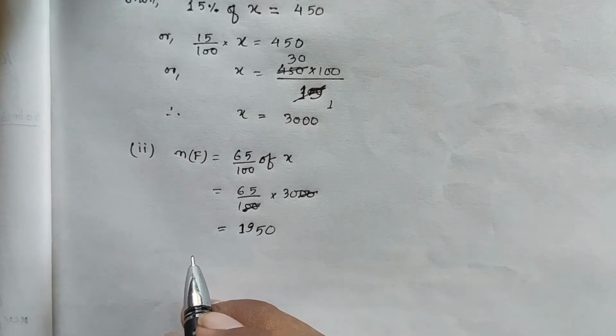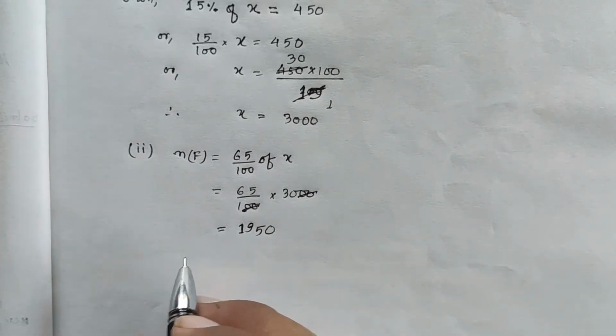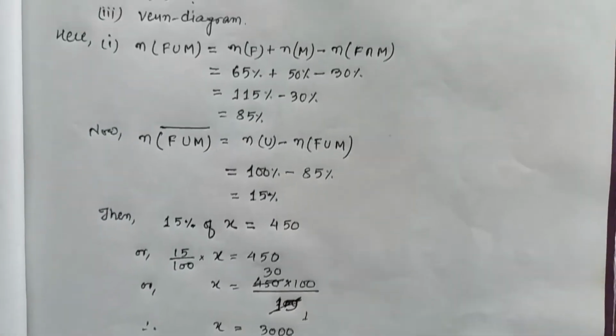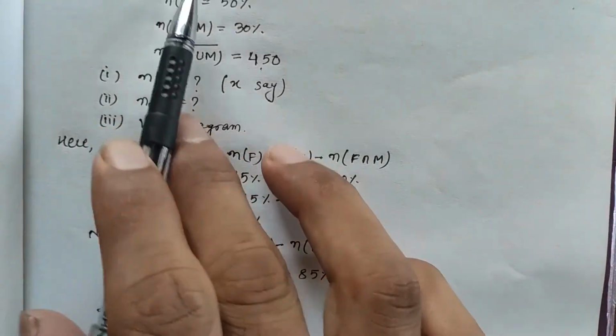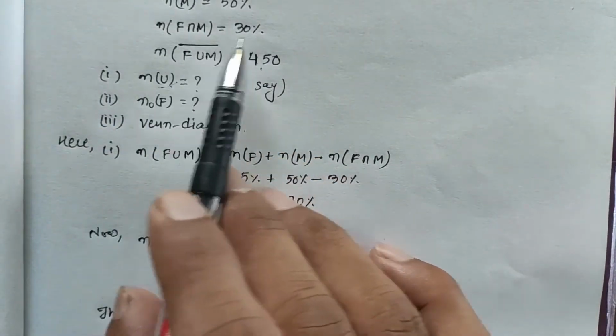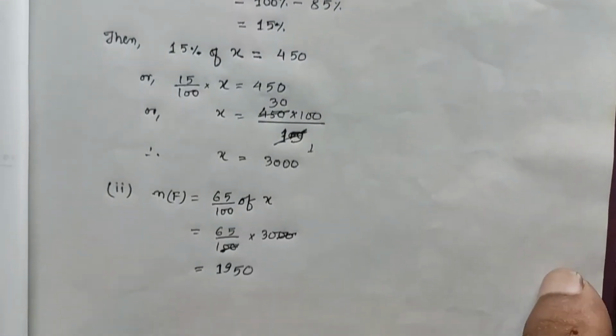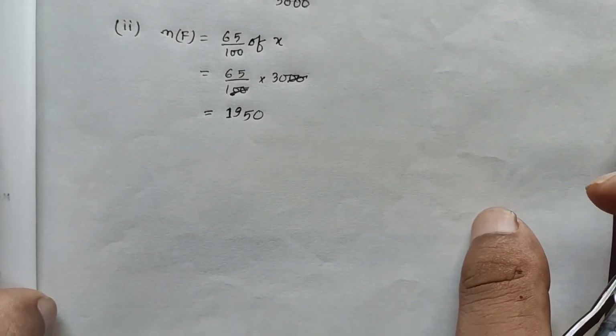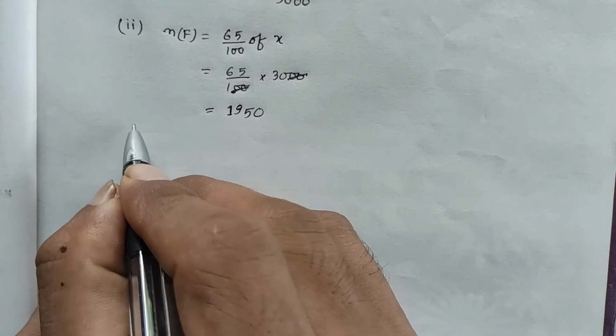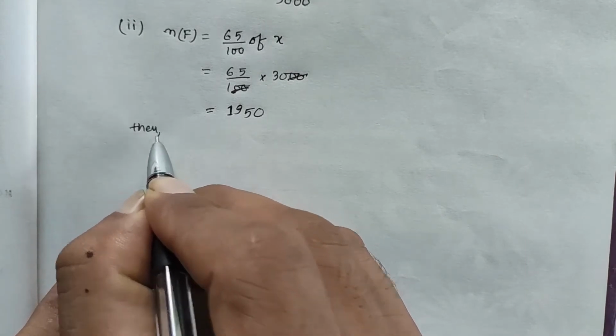In the given data, the intersection part is 30%. If you see at the top, the intersection part is how much? Yeah, the intersection part is here 30%. So we can use that also to find the intersection in number.